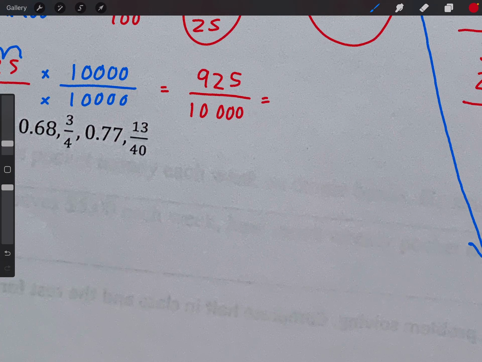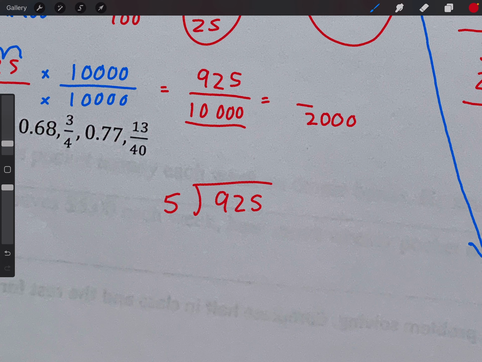Divided by 5. I can divide by 25, but some people don't know that, so let's just do it the way most people understand. 10,000 divided by 5 is 2,000.